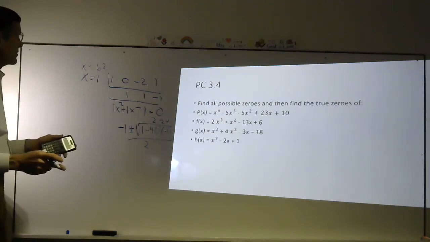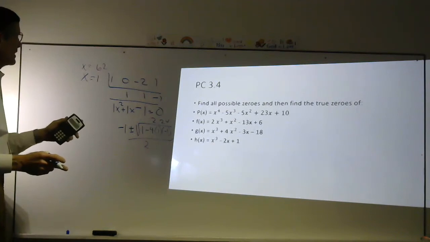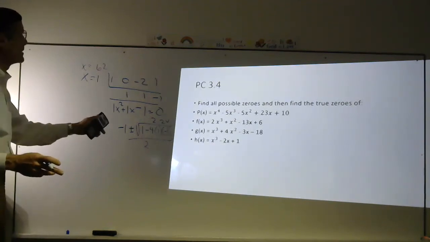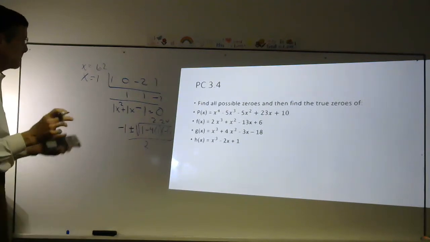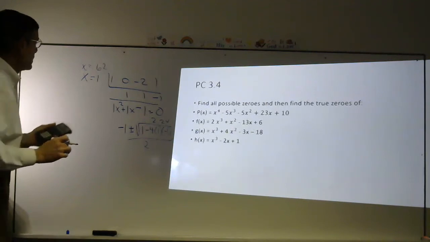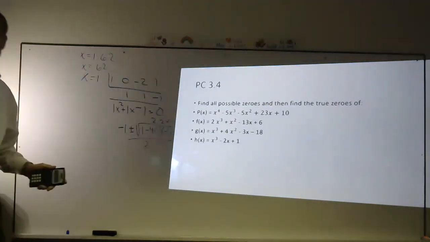Negative 1 minus 2.24 is 3.24, and 3.24 divided by 2 is 1.62. Okay? Can you all see?